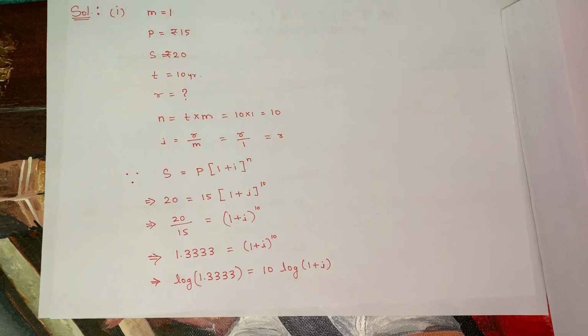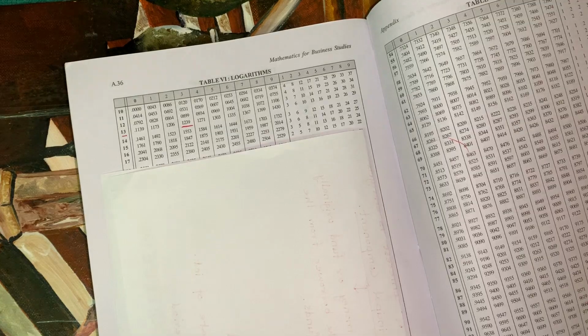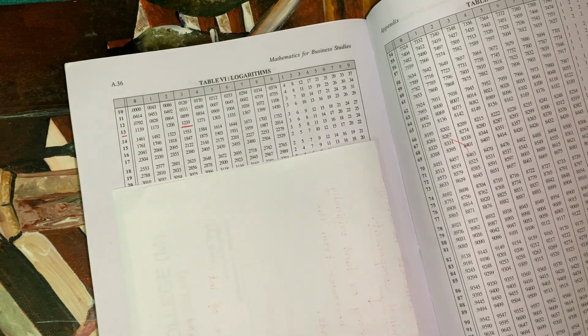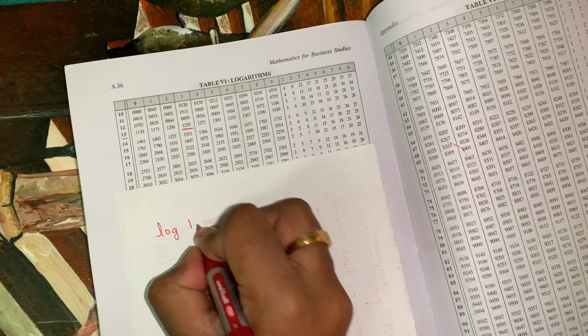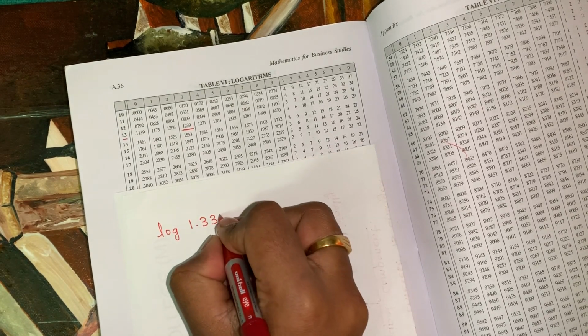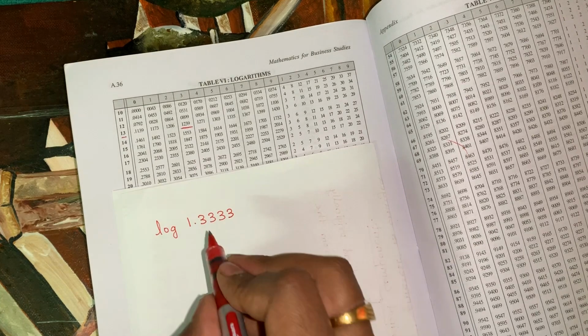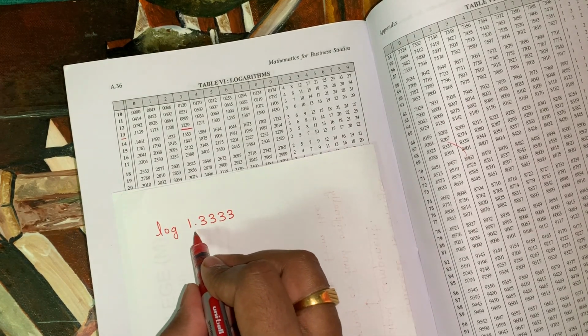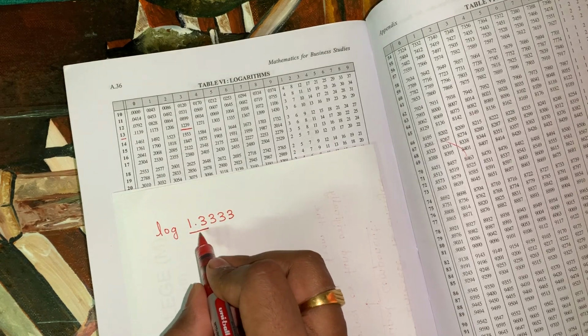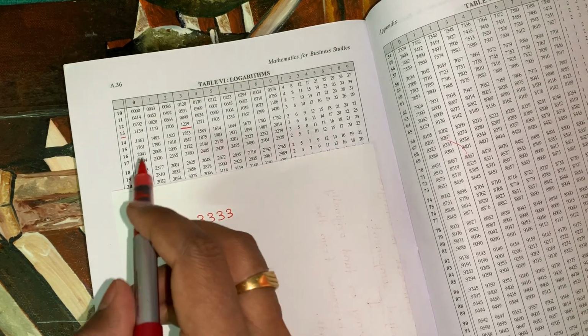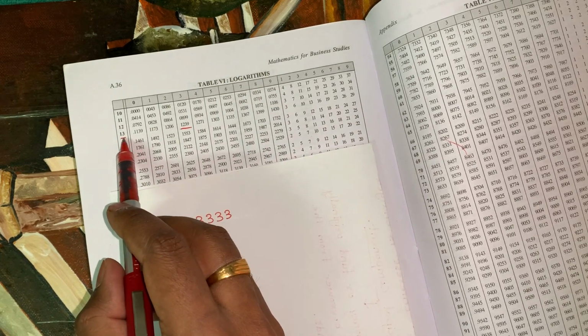For the value of log 1.3333, we look into the log table. While finding the value of log, we eliminate the decimal and consider only the digits. The first two digits here are 13. So we look at the log table for the value 13.